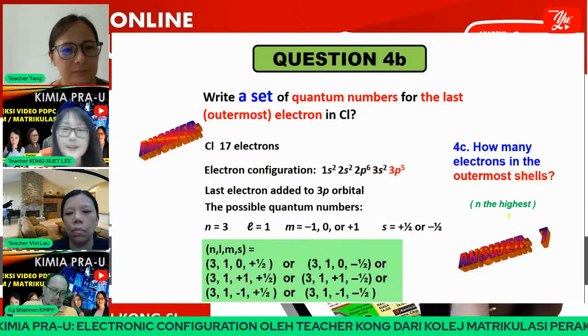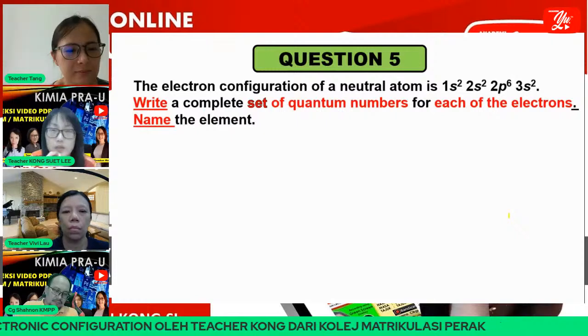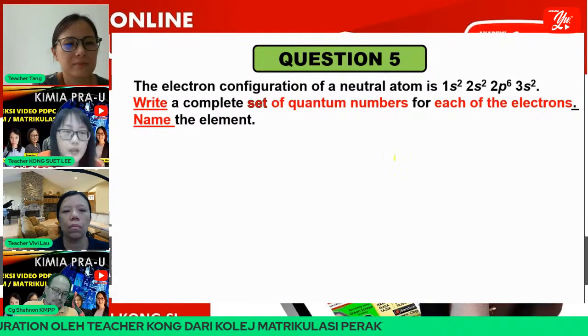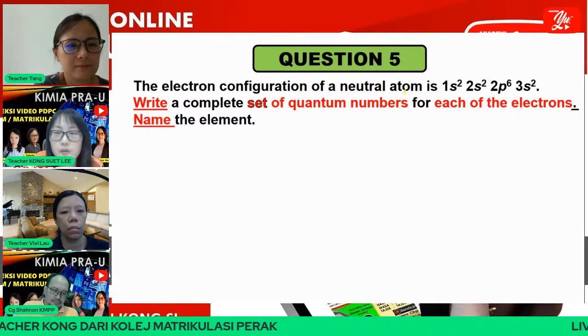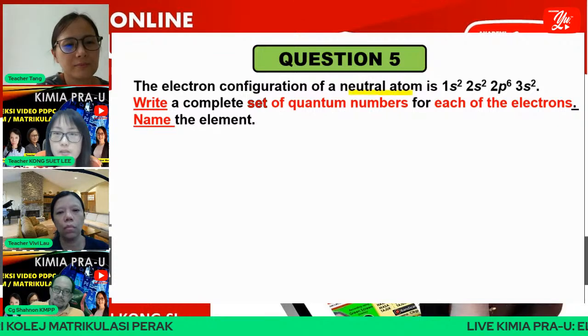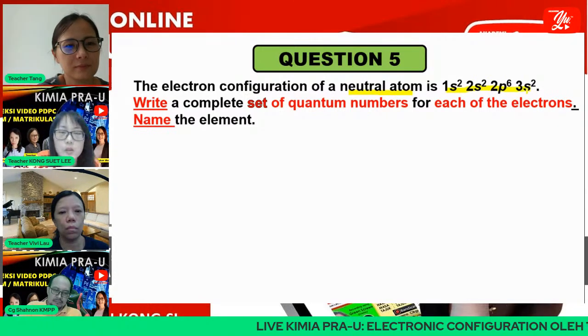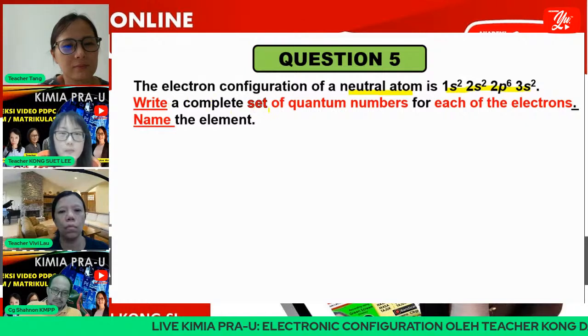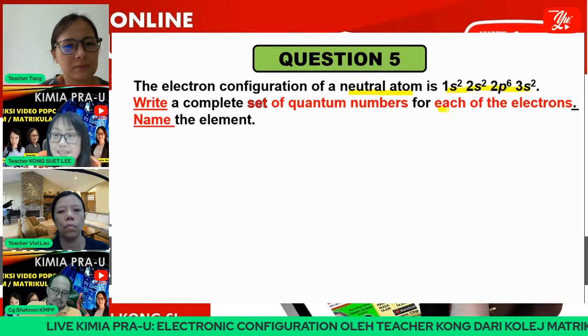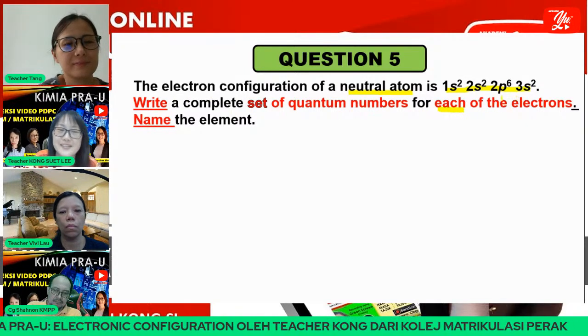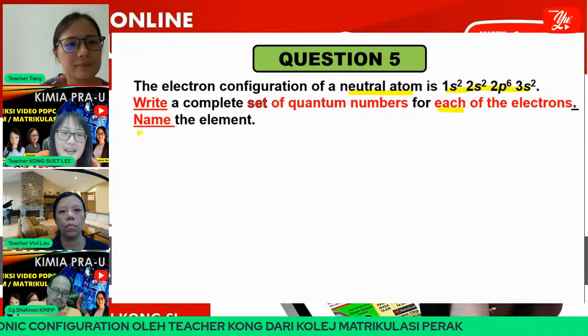Okay, now let's try question 5. The electron configuration of a neutral atom is given. The question asks: write a complete set of quantum numbers for each of the electrons and then name the element.